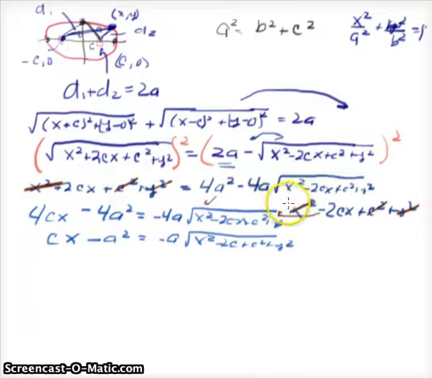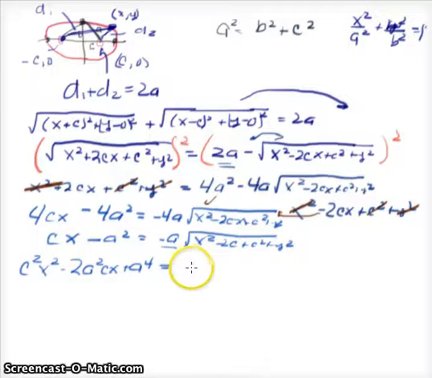Okay, now when we square both sides, we're going to get c squared x squared minus 2a squared cx plus a to the fourth. Now remember what's going to happen over here. We're going to square both of these items. This will become a squared, and then this squared radical goes away.